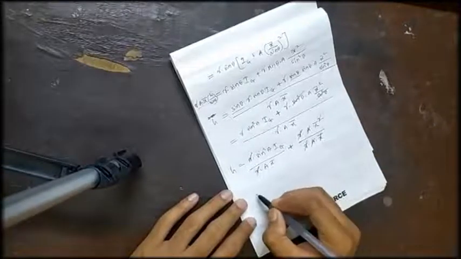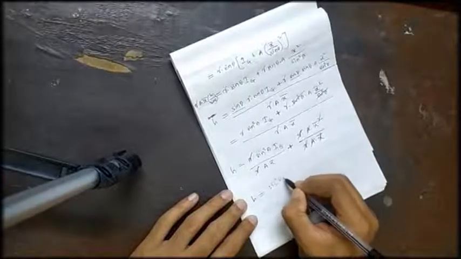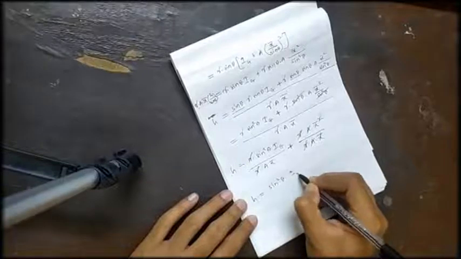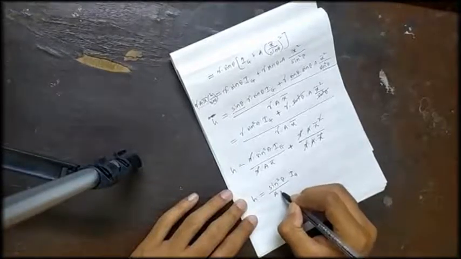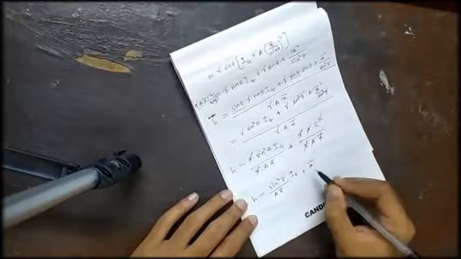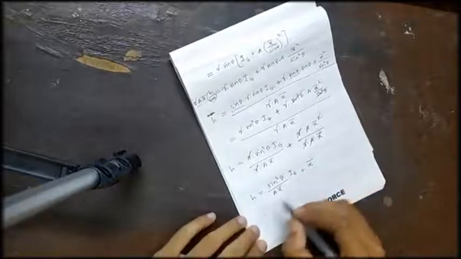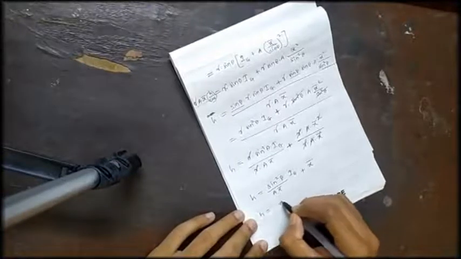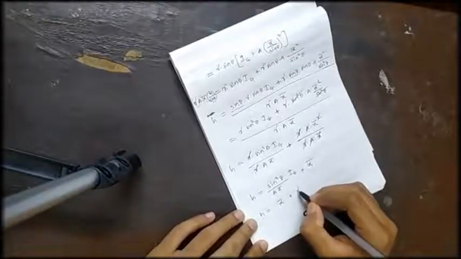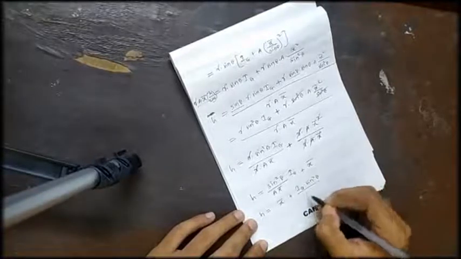So our h becomes sine square theta into Ig divided by A x bar plus, and the only remainder here is x bar. So this is our equation, that is h is equal to x bar plus Ig sine square of theta divided by A x bar.